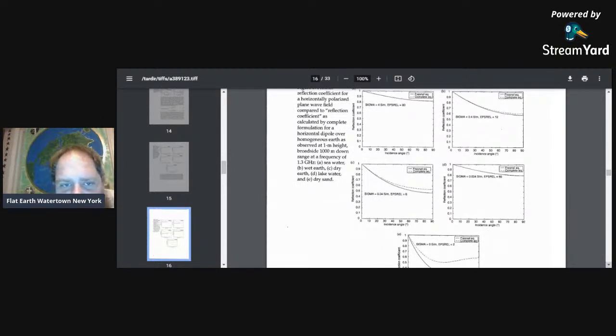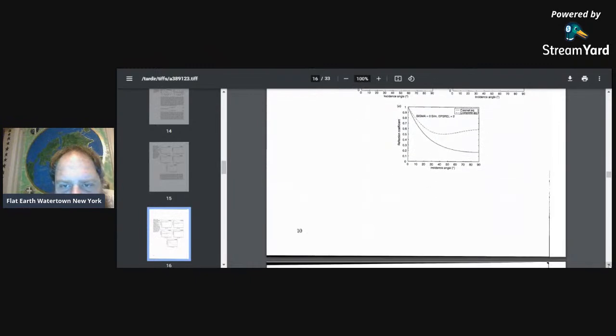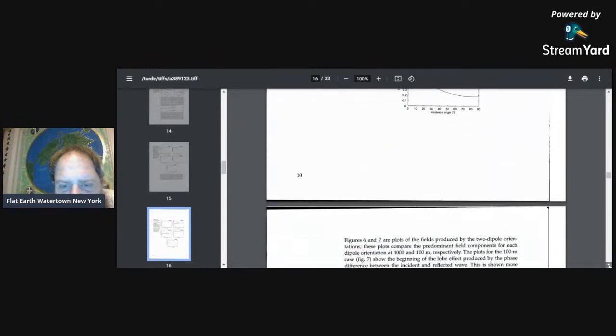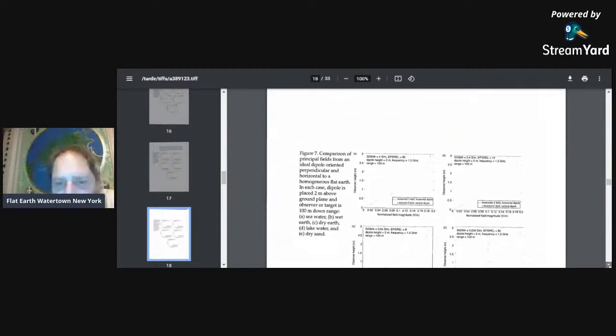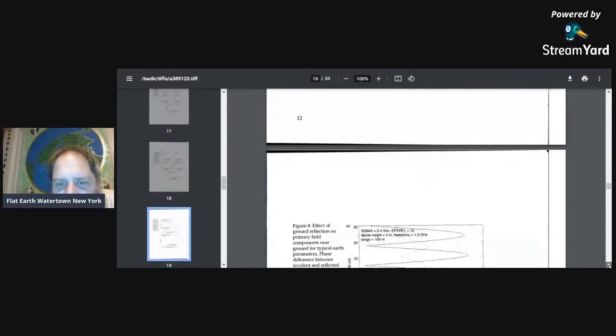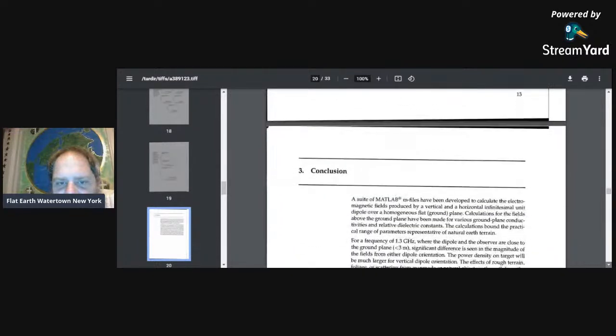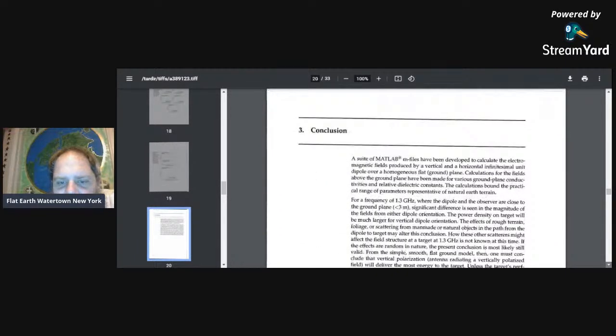So these are different ways here. Where's all that math at? Those formulas that I was looking at. Was it back towards the top?